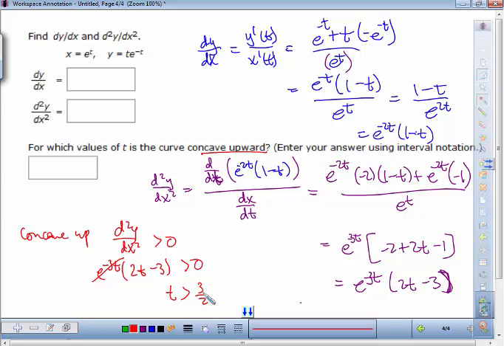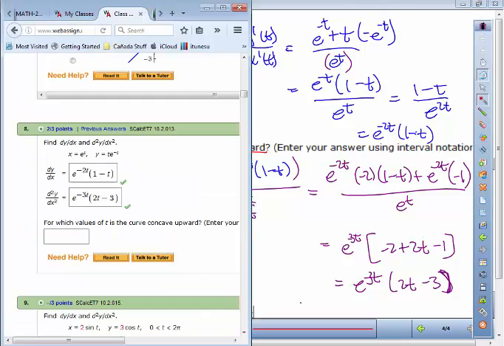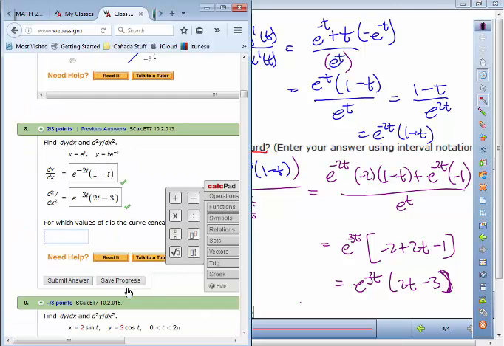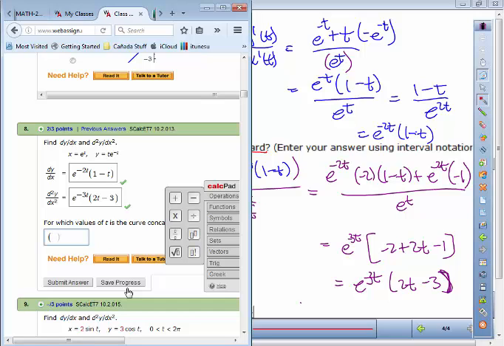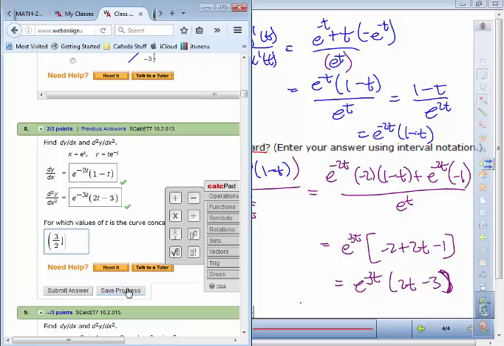So using interval notation, I think interval notation is parentheses. How would you express this in parentheses notation? I think brackets are closed, so parentheses is open. So what do we want to type in if we're checking our answers? I think we'll do the open one. So 3/2, comma, infinity.